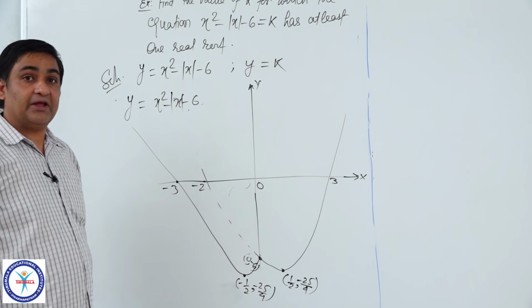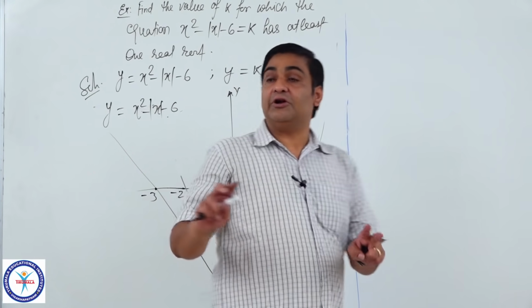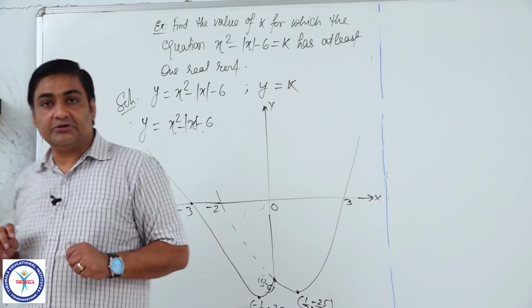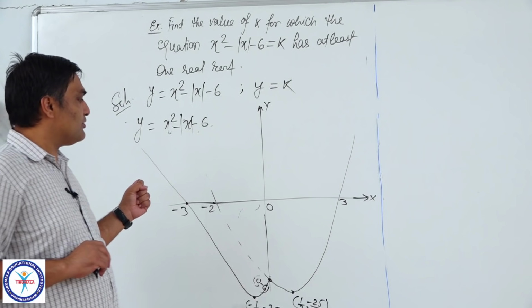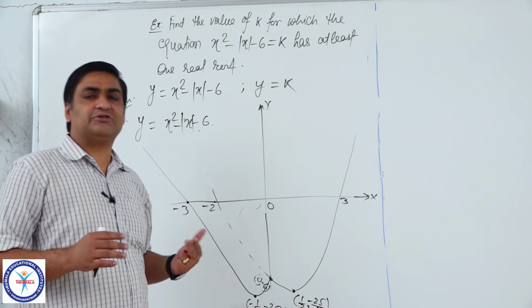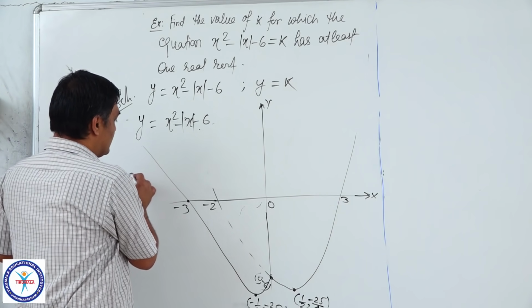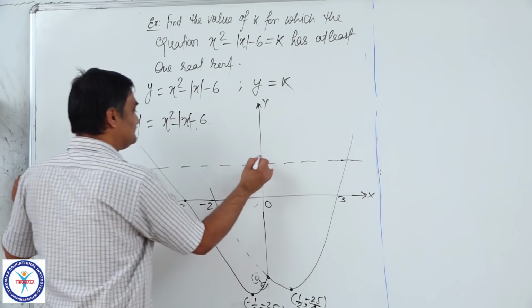y equal to k. See, real root means the two graphs should have a common point. Okay. At least one real root means the number of real roots can be one or more than one also. If y equal to k like this, how many common points?